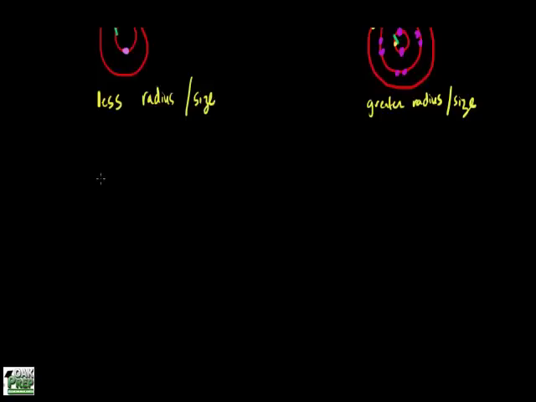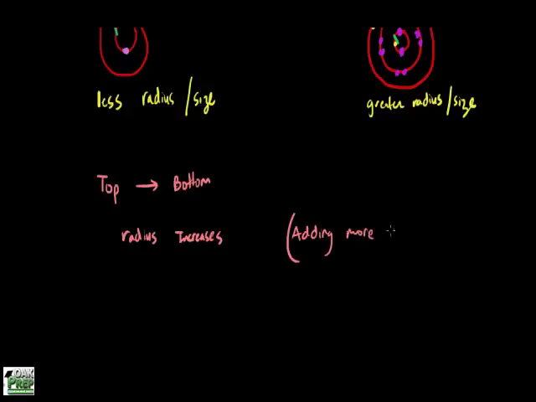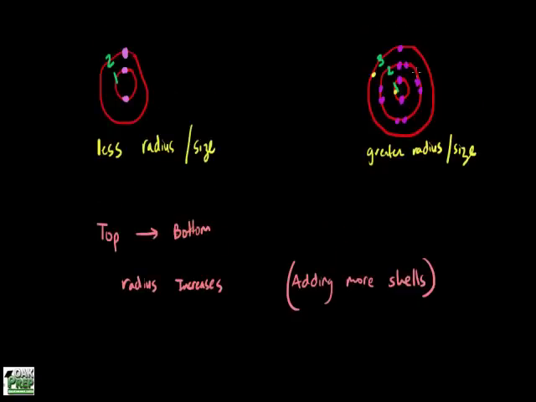So as we go from top to bottom of the periodic table, the radius increases because we're adding more shells, right? So adding more shells or energy levels. So when we add more energy levels, as in this one, right, this one has 3, then the radius is going to increase.